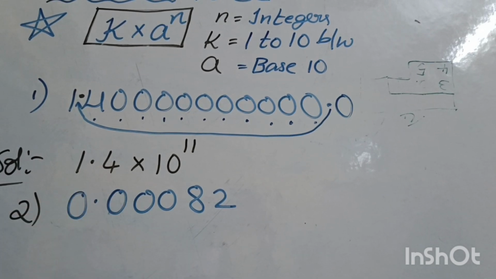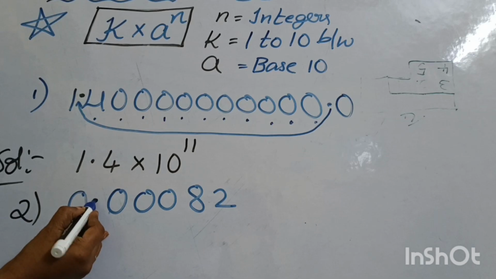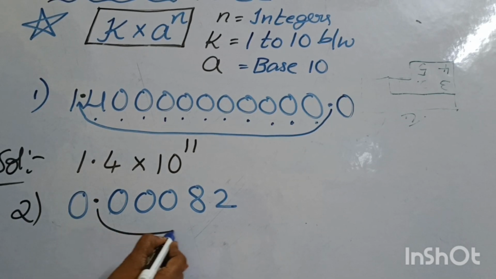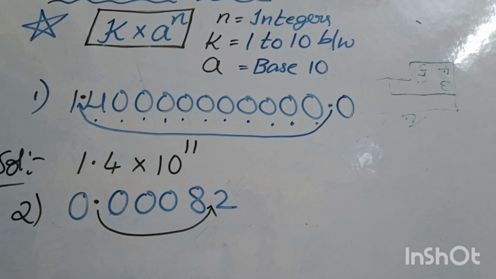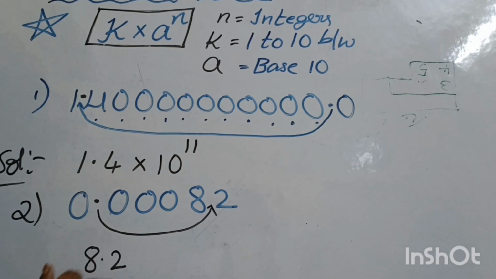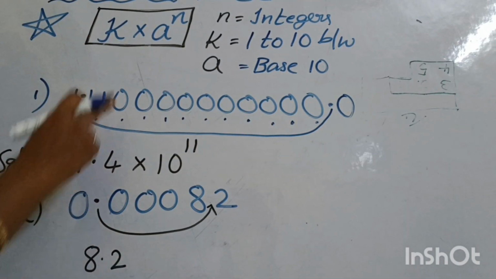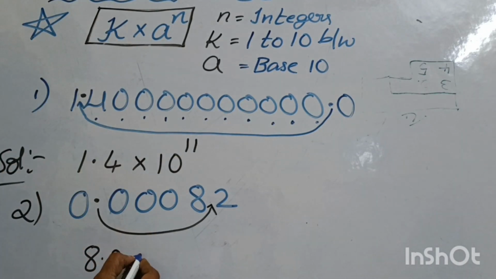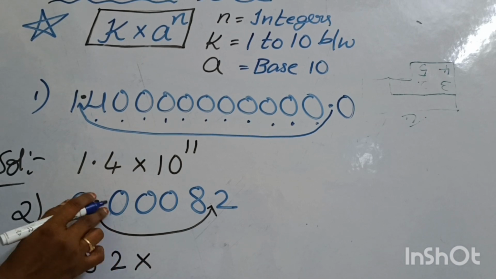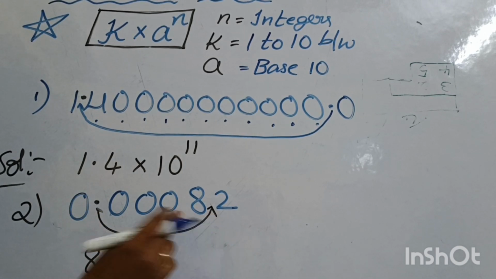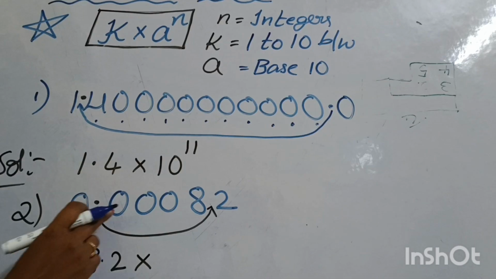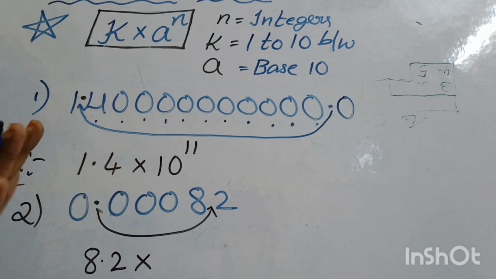How to make it standard form? See, if I move this decimal point till here, then it will turn into 8.2, right? 8.2 is less than 10, isn't it? Yes. So our k value we got exactly like our condition, 8.2, and in the structure they kept multiplication. So how many steps did we go left to right, children? 1, 2, 3, 4 steps we went.